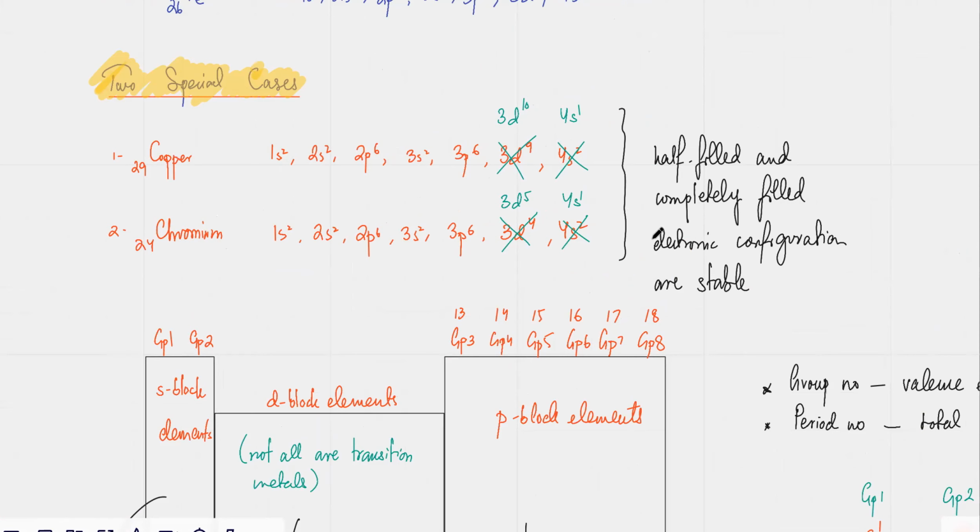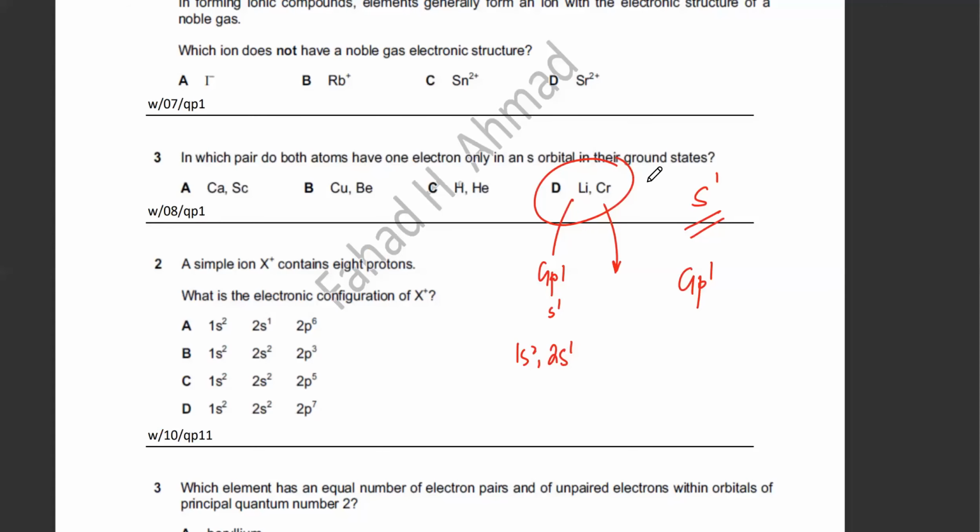So for chromium, according to the Aufbau principle, it should have been 4s2 and 3d4, but the actual electronic configuration is 4s1 and 3d5, which means that the s is going to have just 1 electron in it. So chromium is going to have an s at the end with 1 electron in it. So the electron would be occupying a spherical orbital, the last one. So which is why chromium is also correct in this.